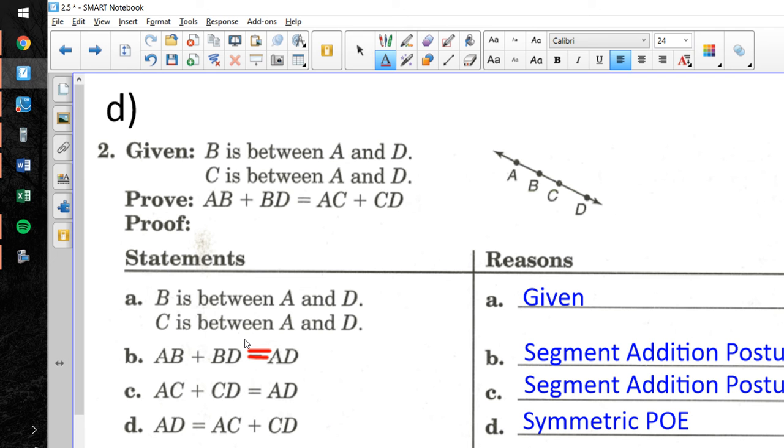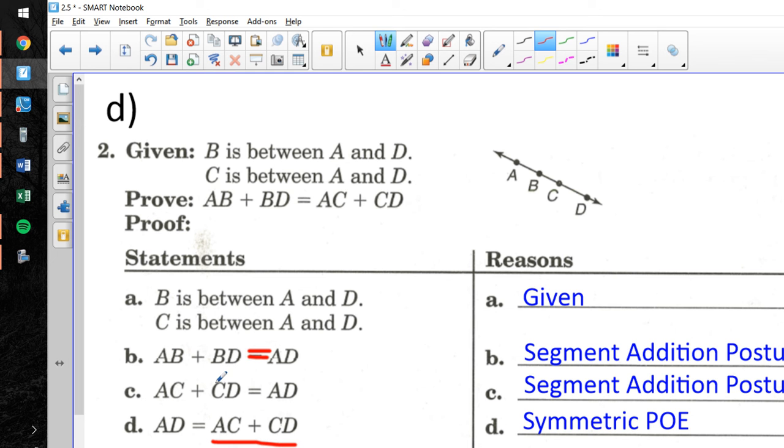Taking a look at how they got from D to E, once again, look for similarities. The right side of statement D, which is AC plus CD, and the right side of statement E are exactly the same. So there's no change right there. What's different? They got rid of an AD over here on the left-hand side, and they've replaced it with a completely different expression of AB plus BD. So I'm looking up above in my proof for any kind of connection between the AD and the AB plus BD, and I see it right here in statement B, everybody, that AD is equal to AB plus BD.